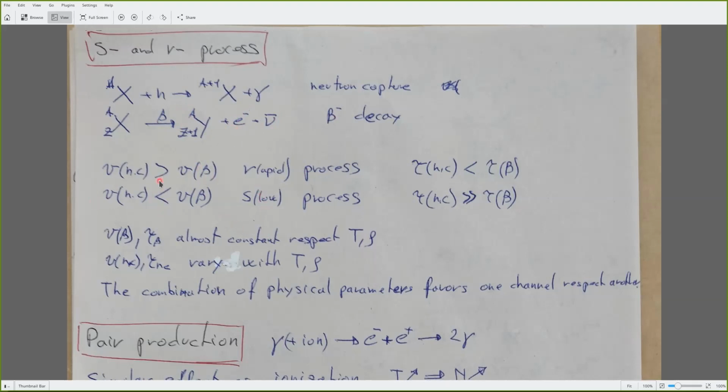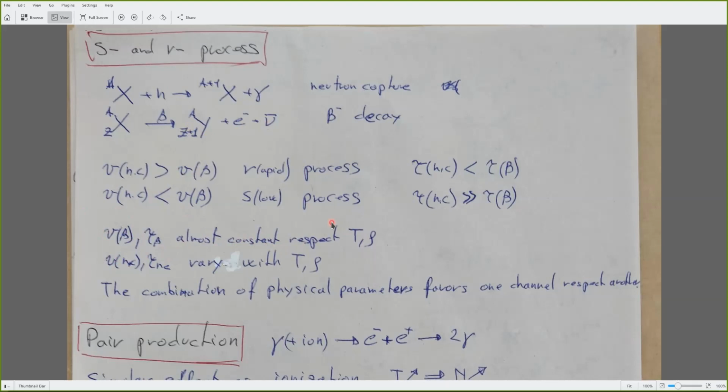Inside the nuclei, if you have too many neutrons, equally the isotope can start to be radioactive. The isotope is not stable and decays into a proton and an electron. For beta decay, the velocity or mean life is almost constant with respect to the physical properties of the gas, temperature and density. It just depends on the nucleus, on the stability of the nucleus.